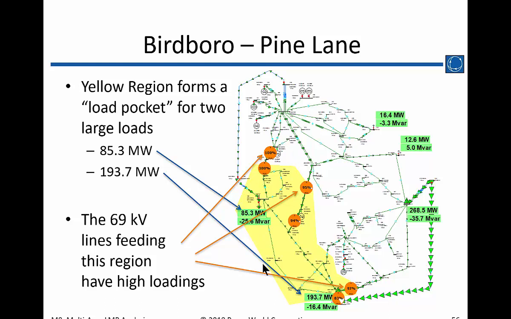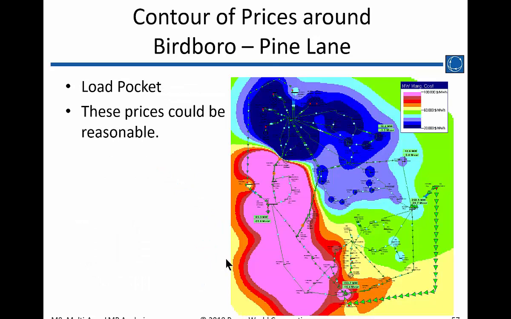Well, this isn't a contour, this is the background shape right here, but there's some load inside this region. There's one generator in here that I think might be offline. So this load has to be fed through just a handful of points, and some of them are at or near their limits. So yeah, we end up with very high loads. And if we contour it, it looks something like this, which is similar to what we saw in our case in the San Diego area, where there's a pocket here of high prices and low prices outside there.